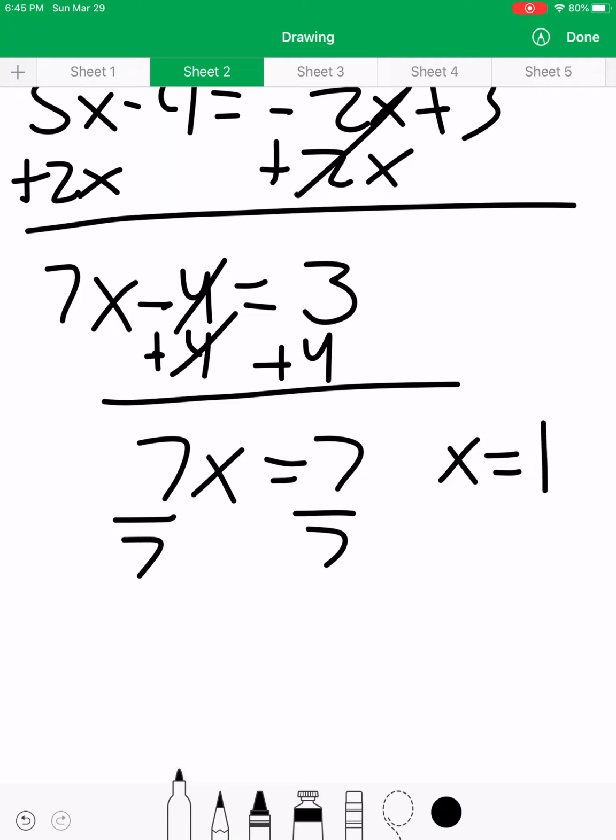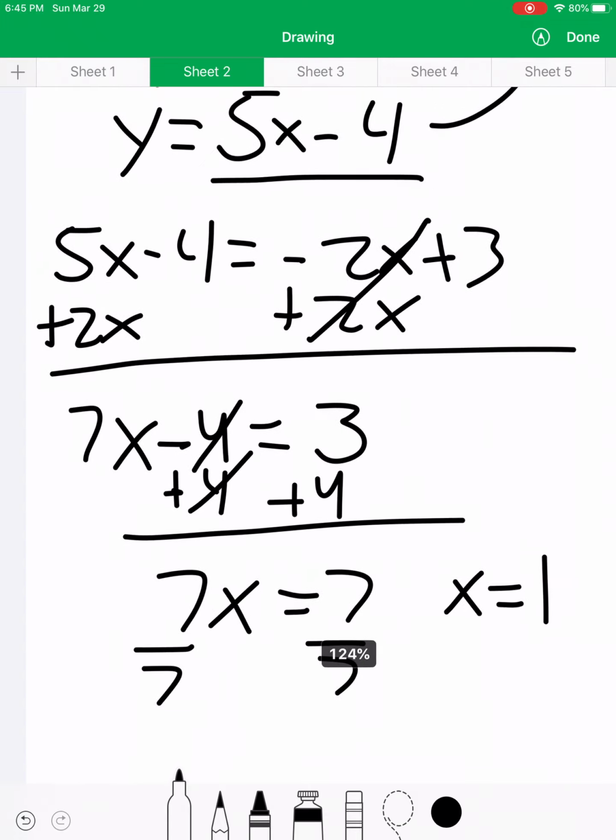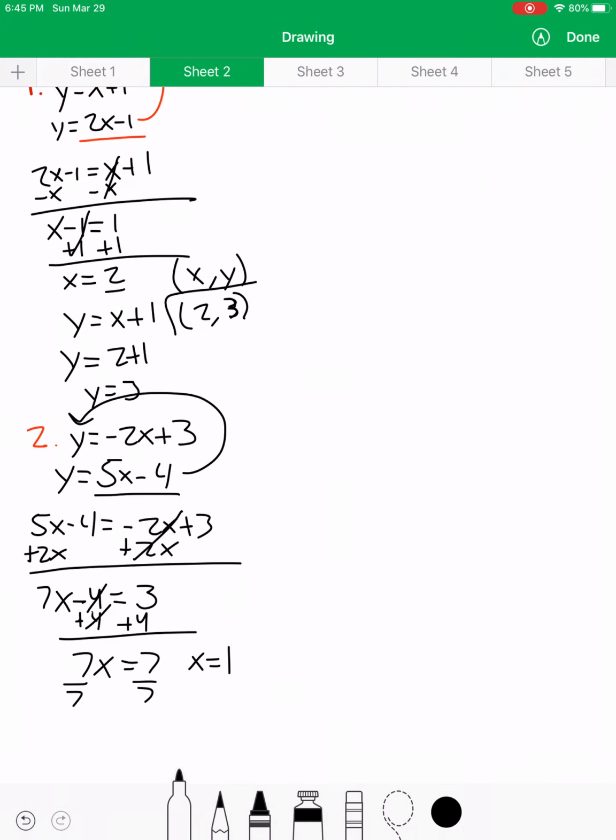Now that I know what x is, take that value and substitute it back in for either equation. Let's go back to the equations. We have y equals 5x minus 4 or y equals negative 2x plus 3. I'm going to choose the second equation of y equals 5x minus 4.